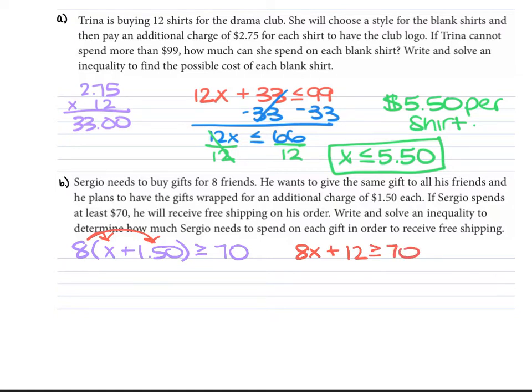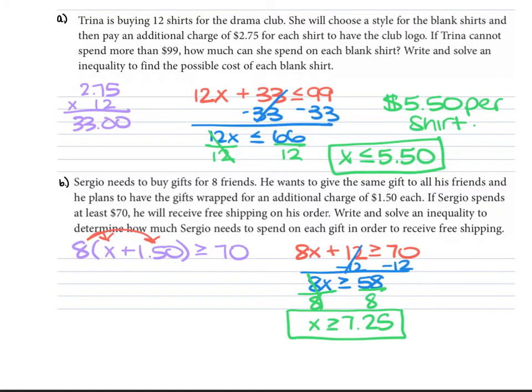We move that 12 over by subtracting it, and we have 8x is greater than or equal to 58. From here, we divide each side by 8, and we get that x is greater than or equal to 7.25. So he has to spend at least $7.25 for each gift.